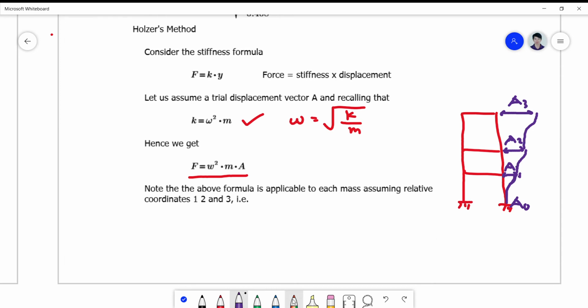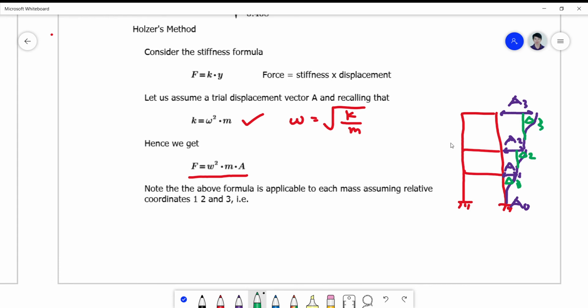While your relative magnitudes are actually delta 1, delta 2, and delta 3, such that your delta 3 is simply A3 minus A2. So A2 is equal to A3 minus delta 3.